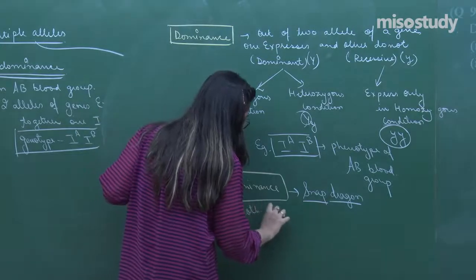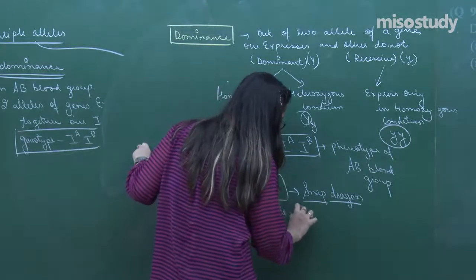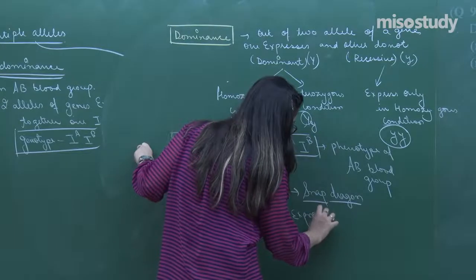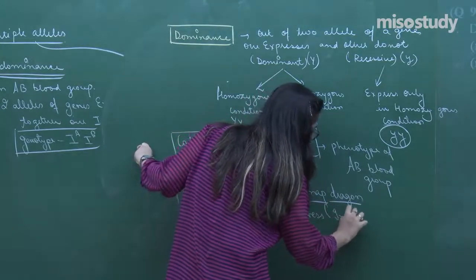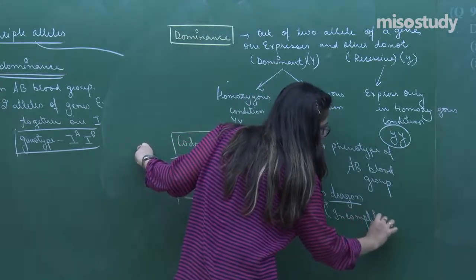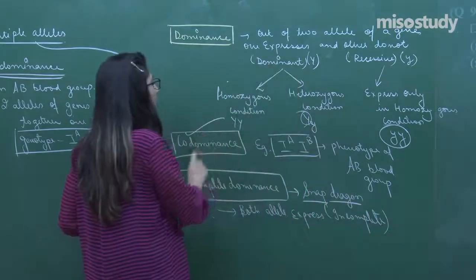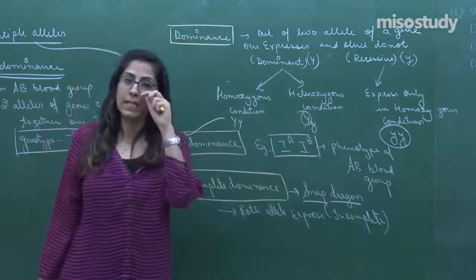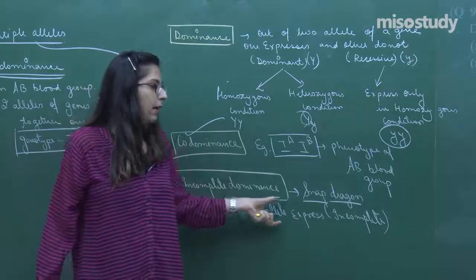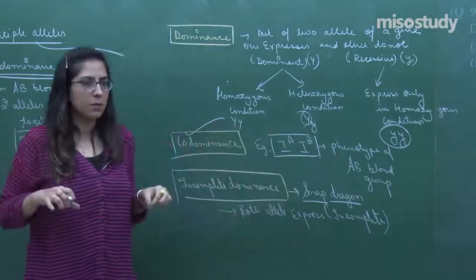Both alleles express, but they express in an incomplete way. They do not express properly. Whereas in case of codominance, both of the alleles express.